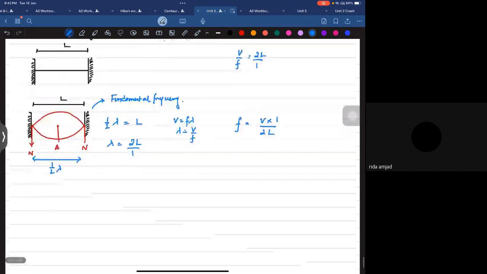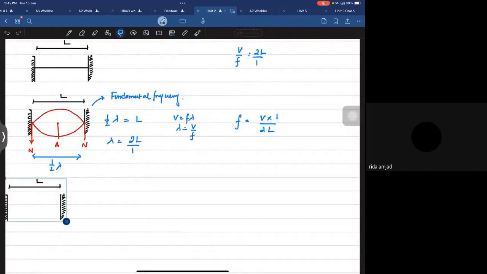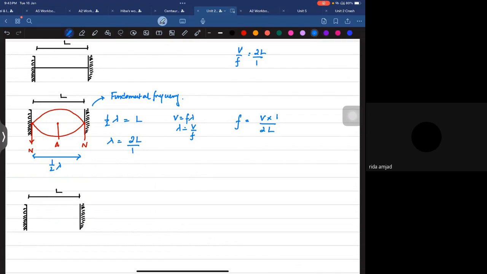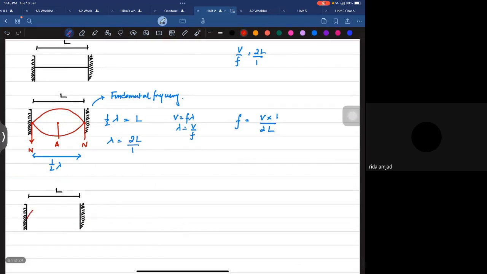Now, if I pluck this two times, it will create a stationary wave of the next frequency, like that. This is the node. This is also the node.